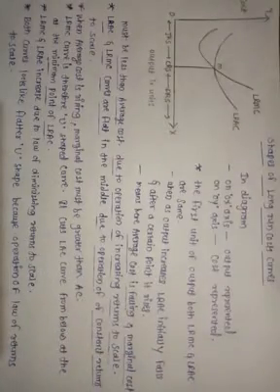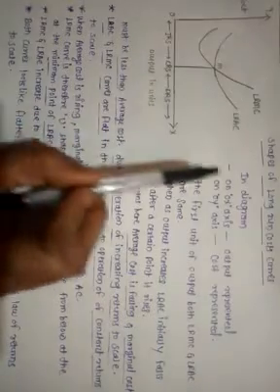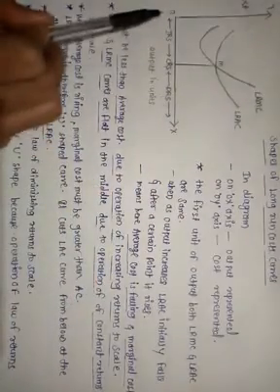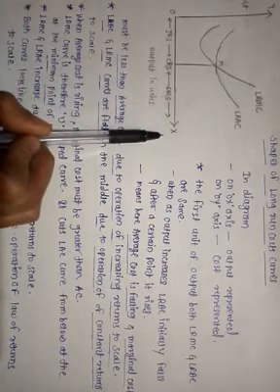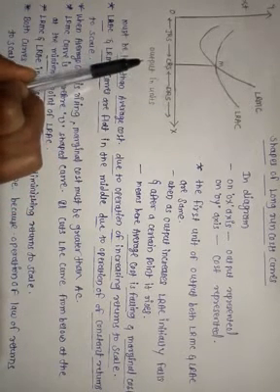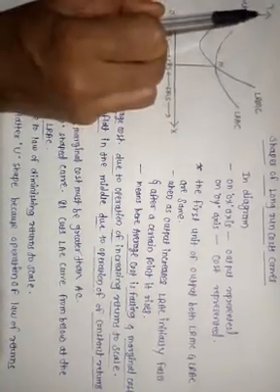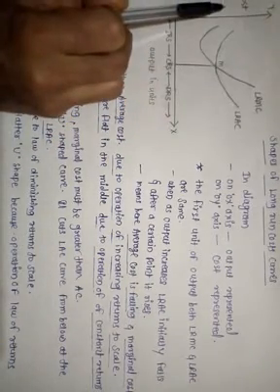Students, we explain it with the help of the diagram. See here, in the diagram on the OX axis we represent the output and on the OY axis we represent the cost.